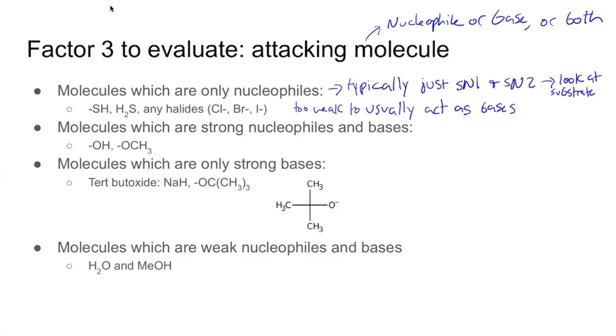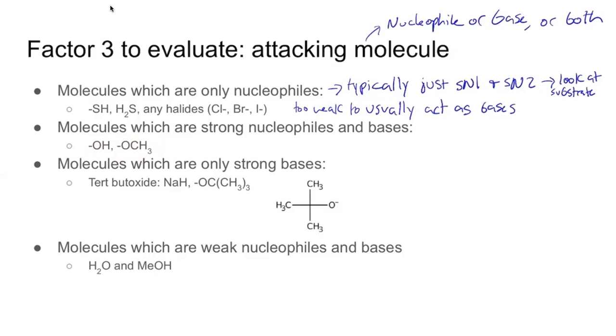In our second category of attacking molecules, we have molecules which are both really strong nucleophiles and really strong bases. Now, these molecules include familiar looking OH- and minus OCH3. So these molecules are going to be able to do SN2 and E2 reactions.